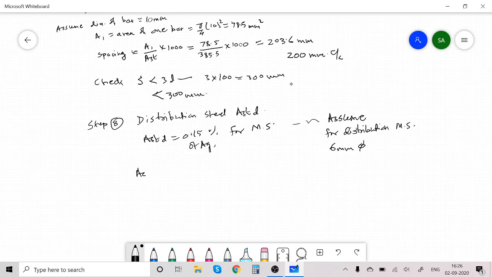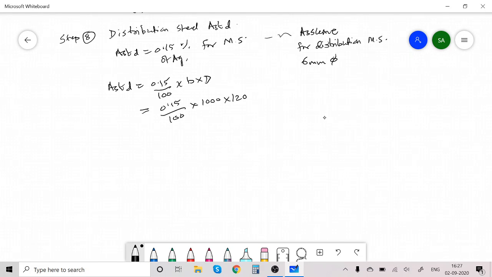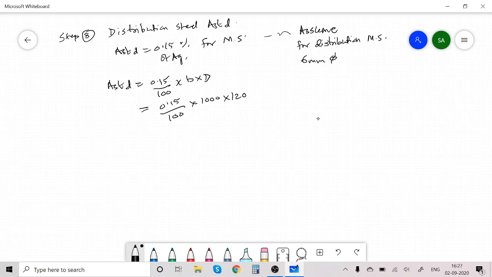You can assume Torsteel also, but in that case you will have to take Ast-d as 0.12% of A gross. So 0.15% of A gross, b into capital D. So 0.15 divided by 100 into 1000 into 120. Remember, here we consider overall depth because we are considering the gross area.